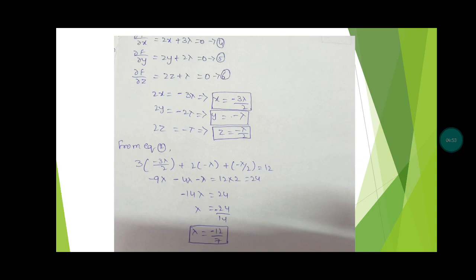Here -9 - 4 - 1 = -14, so -14 lambda = 24. Lambda = -24 by 14. Here we get the lambda value as -12 by 7. If we substitute the lambda value in the previous values of x, y, z, we can get the original values of x, y, z.